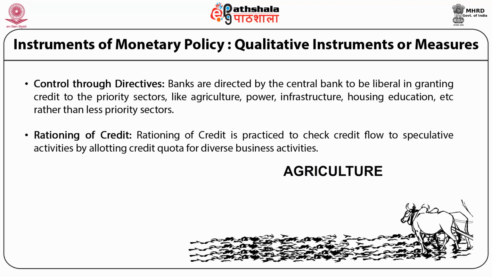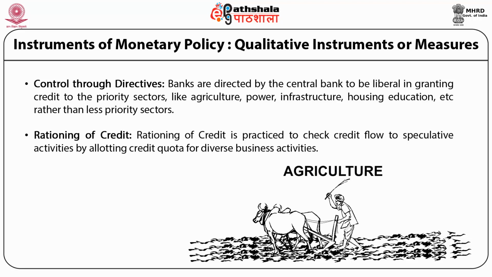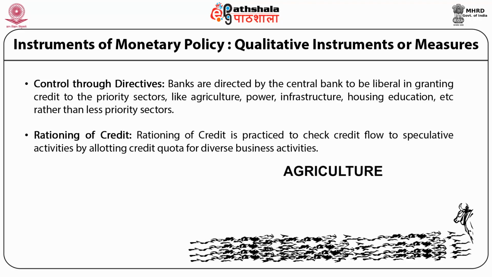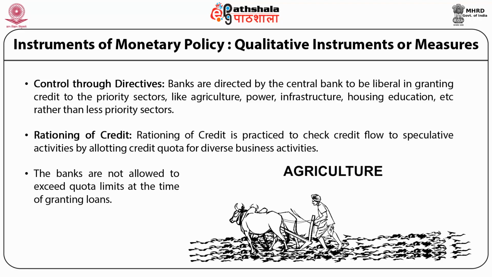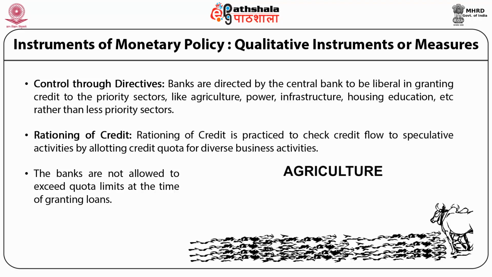Rationing of credit is practiced to check credit flow to speculative activities by allotting credit quota for diverse business activities. The banks are not allowed to exceed quota limits at the time of granting loans.